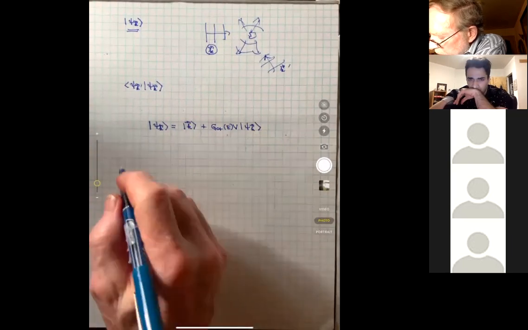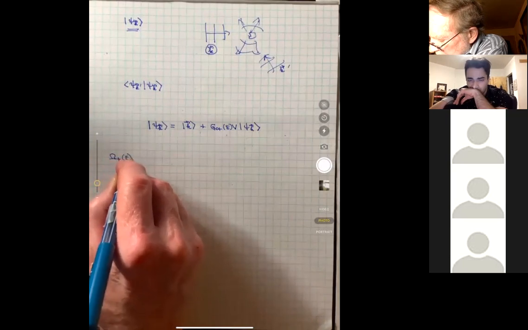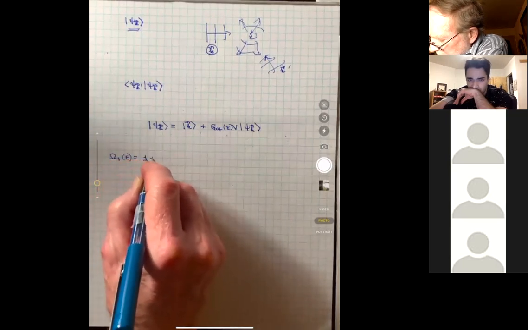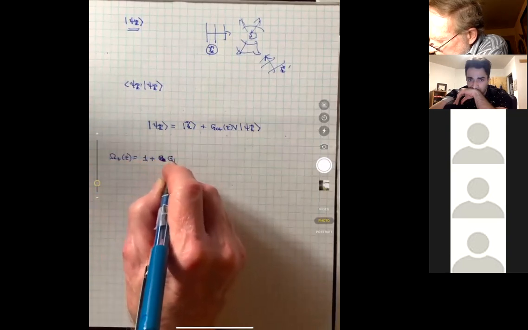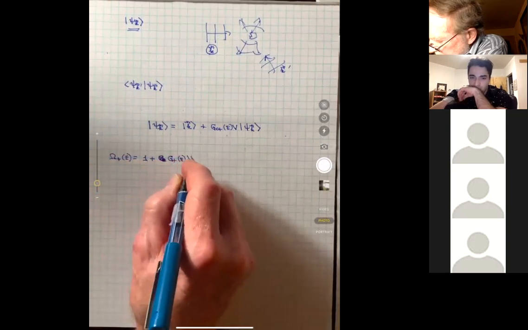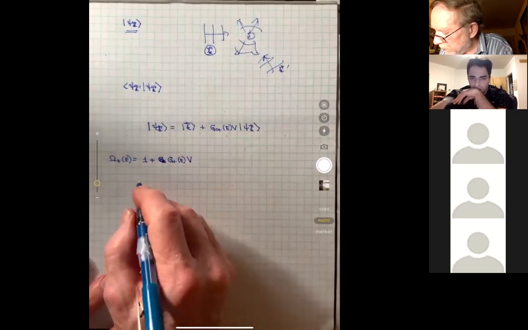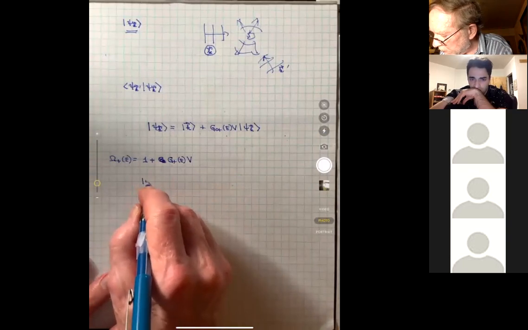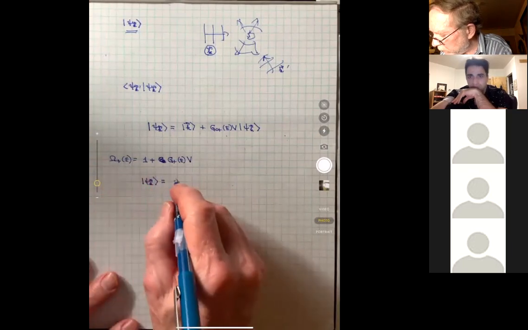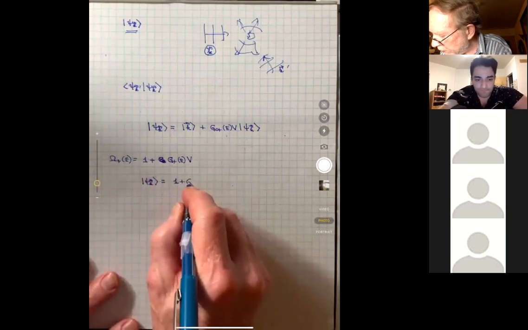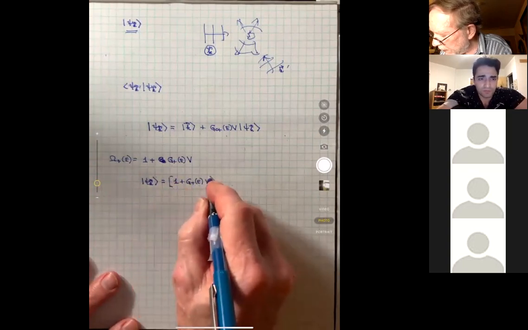However, we also found that the Møller wave operator, omega plus of energy E, is equal to 1 plus G plus of energy E times V. And this means that psi sub k is equal to 1 plus G plus of E times V acting on k.